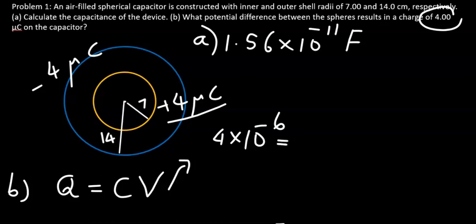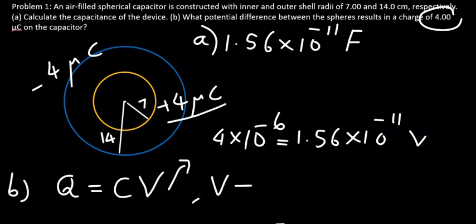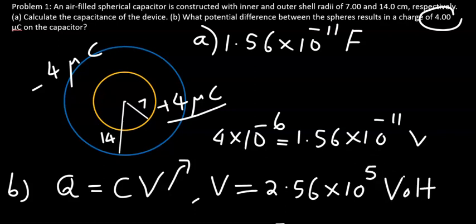Capacitance we have already calculated from part A, 1.56 times 10 to the power minus 11 farad, times the potential difference. And you can get what the potential difference is. It turns out to be 2.56 times 10 to the power 5 volts. And that solves the problem.